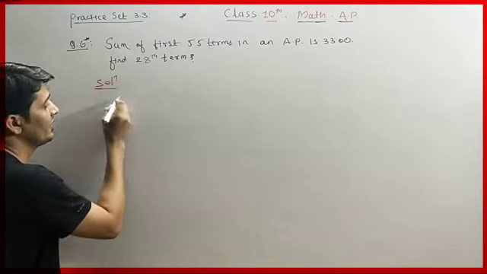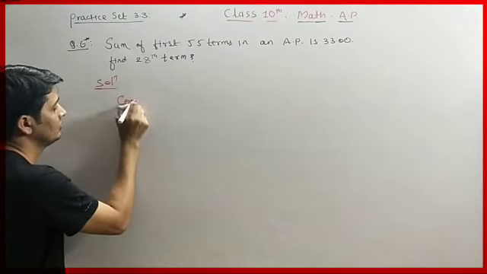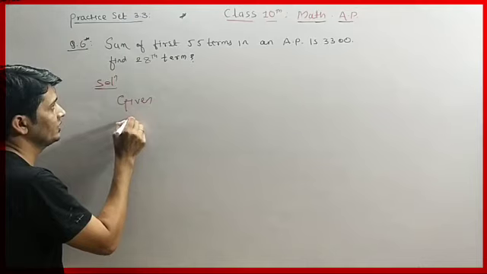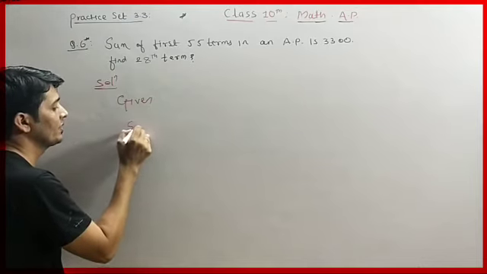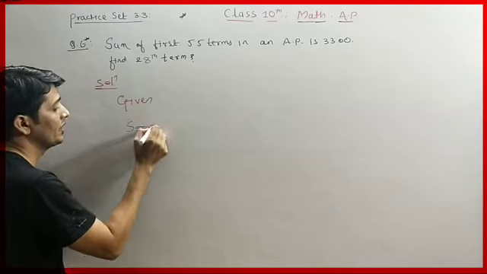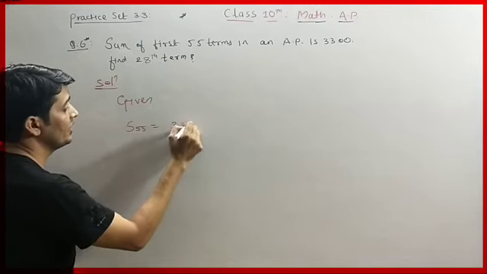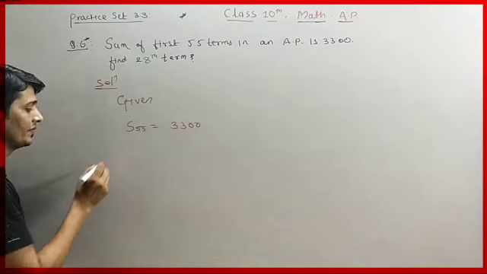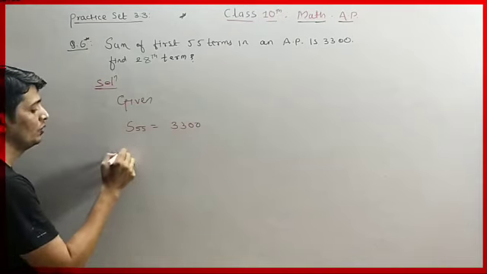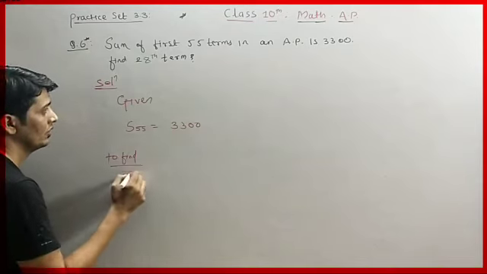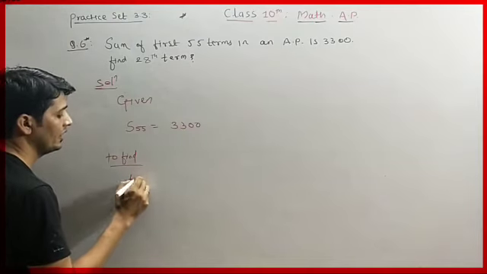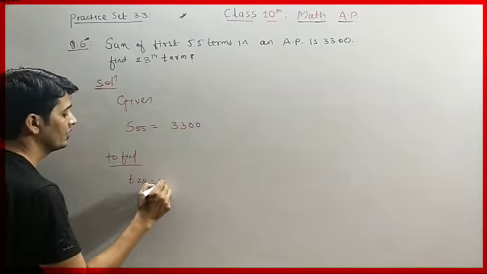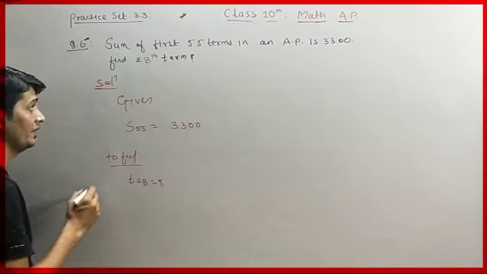So what is given? Given is the sum of first 55 terms, that is S55 equals 3300. It is given. So what we have to find? To find Tn, or T28, that we have to find. Okay.